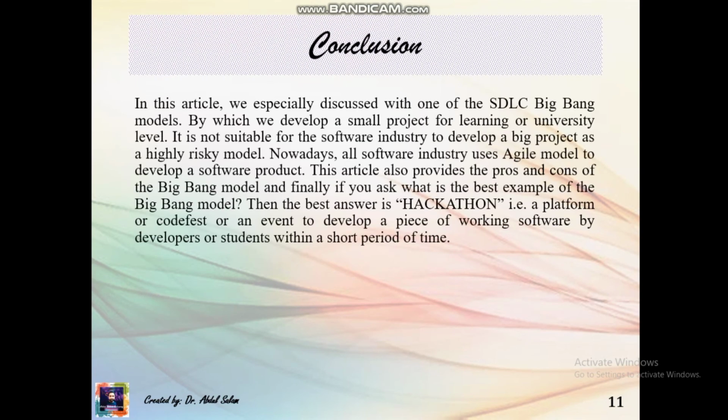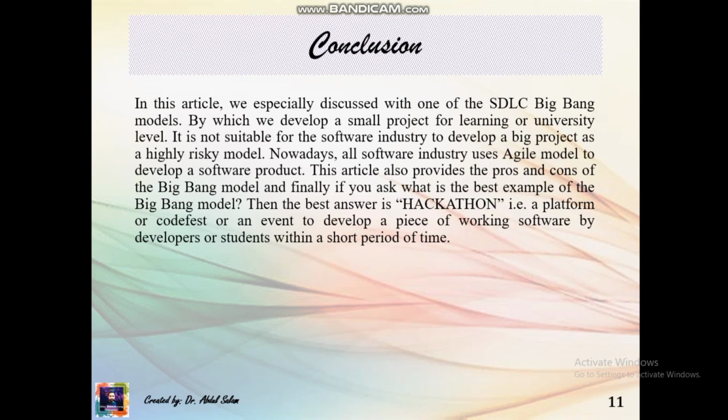So the conclusion is that in this lecture we have discussed one of the software development life cycle models, that is the Big Bang model, by which we develop a small project for learning or university level. It is not suitable for the software industry to develop a big project as it is a highly risky model. Nowadays all the software industries use the agile model to develop a software product.